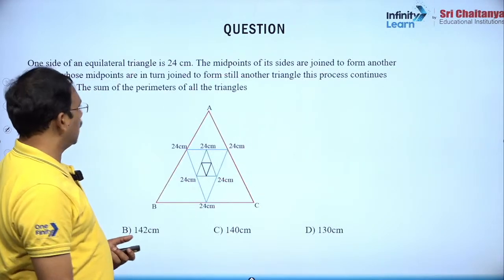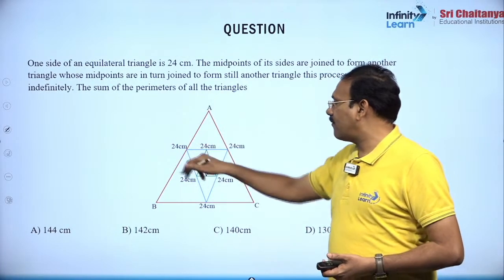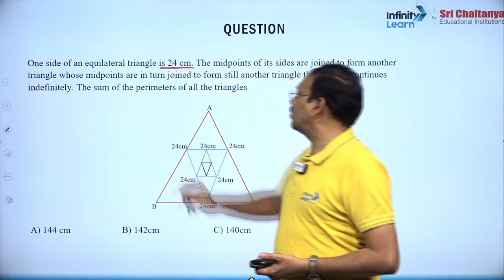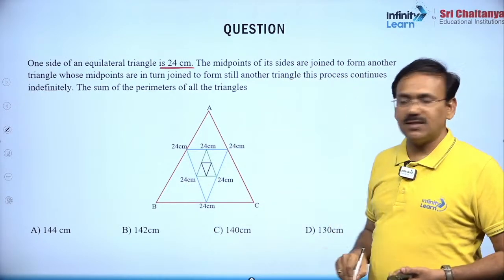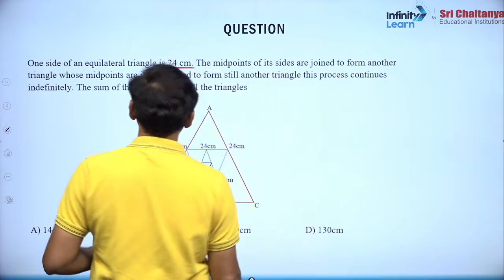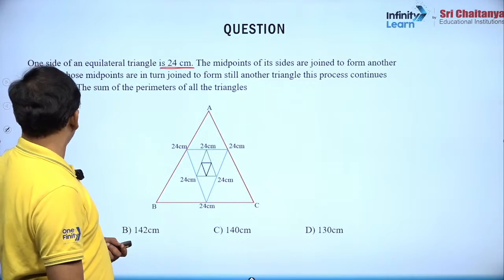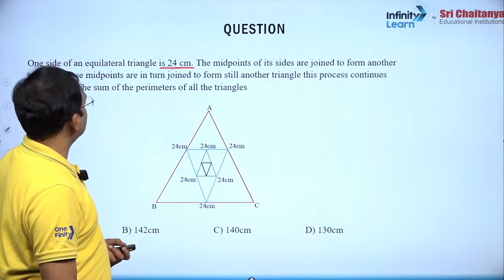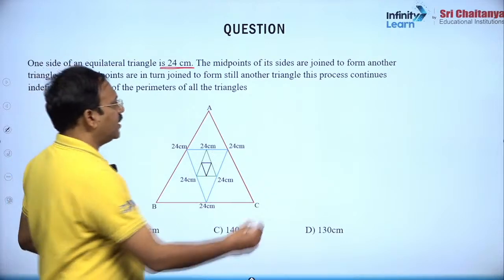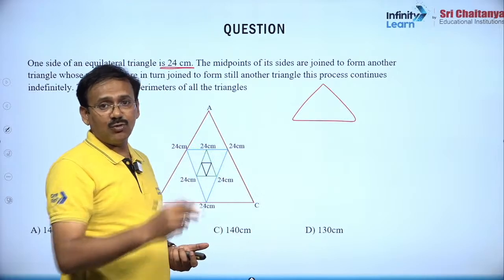Next dear students, you see this question, another GP. One side of an equilateral triangle is 24, the midpoints of the sides are joined to form another triangle, whose midpoints are in turn joined to form still another, the process continues indefinitely. Find the sum of the perimeters of all the triangles. You see my dear friends, initially he has taken an equilateral triangle whose side is 24.